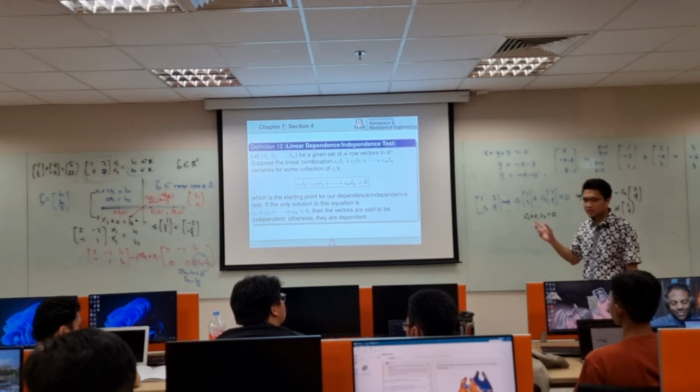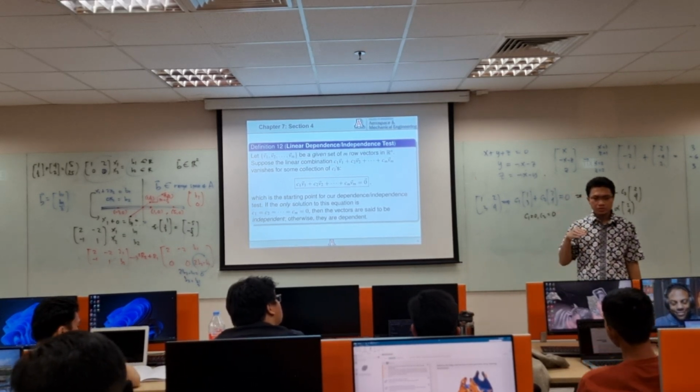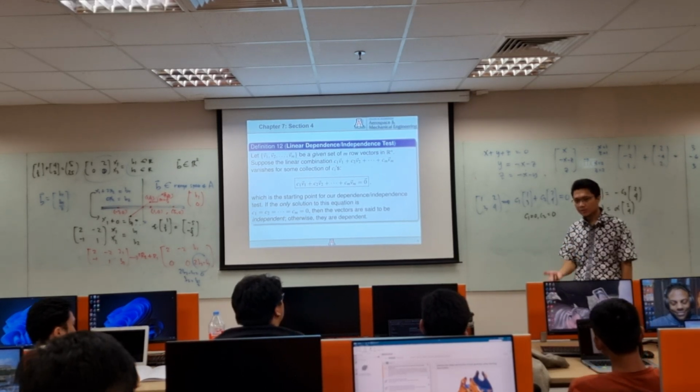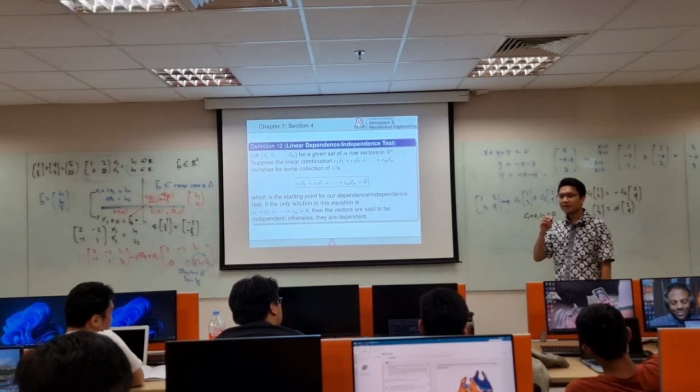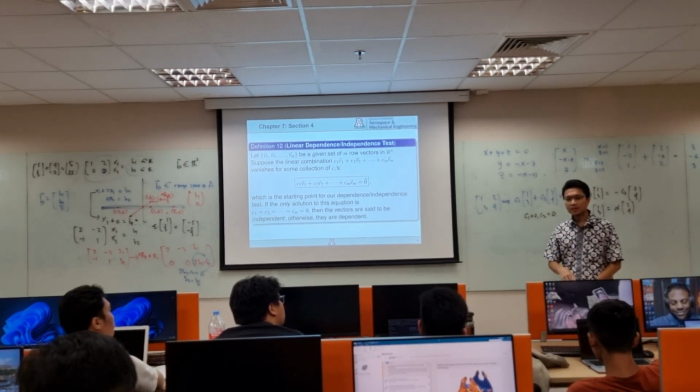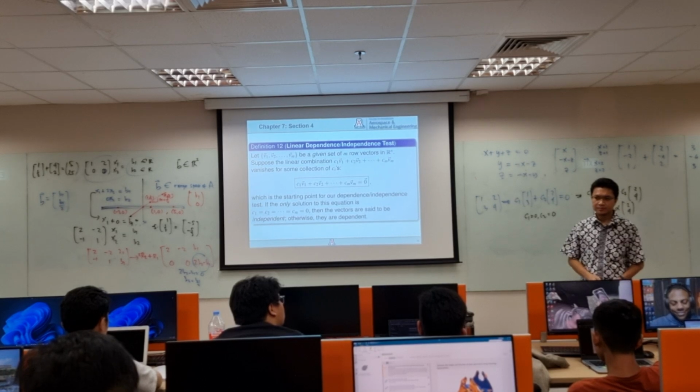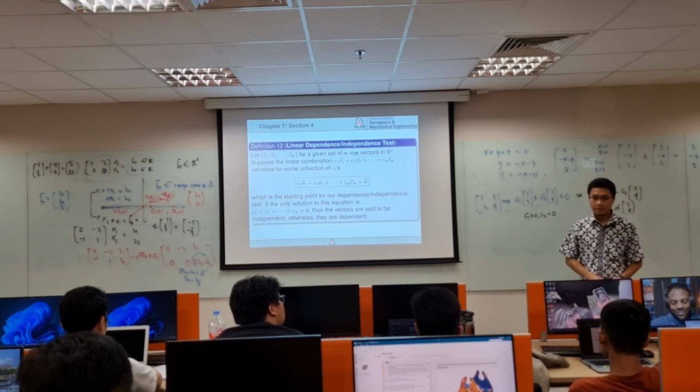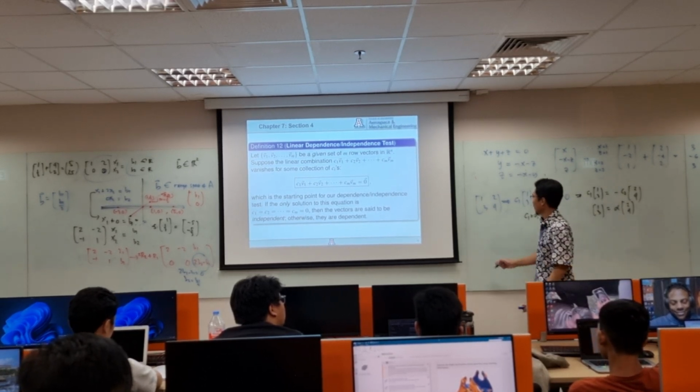And then another thing to check is that you row reduce using Gaussian elimination. If you find one of the rows is all 0, then it is not linearly independent.